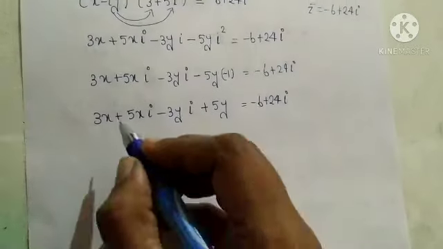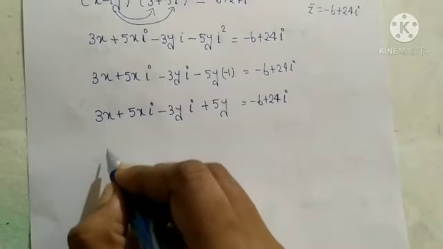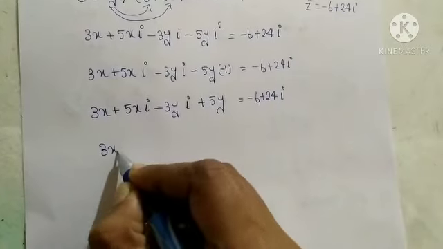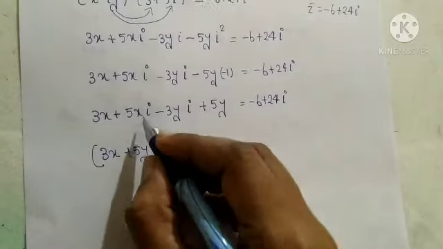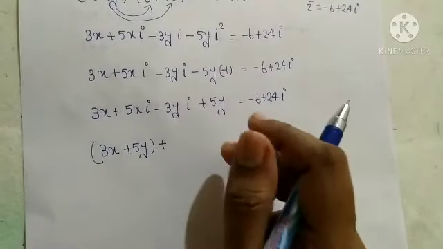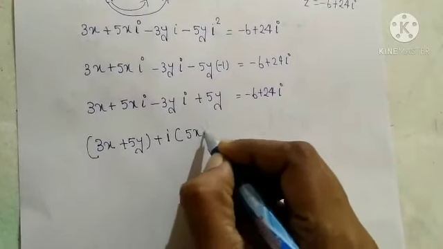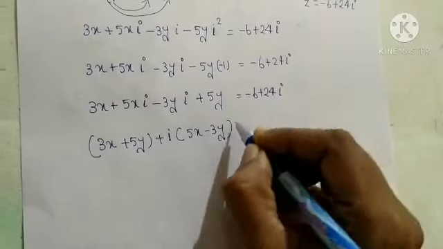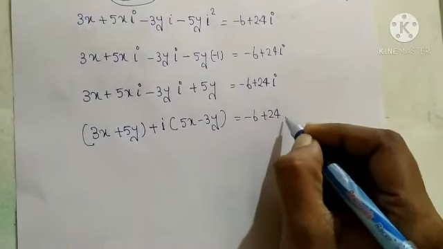Next I am going to write the real part together. So here 3x and plus 5y are the real part, and writing the imaginary part together, we get i into (5x minus 3y).